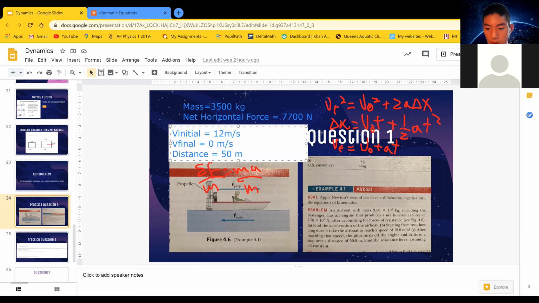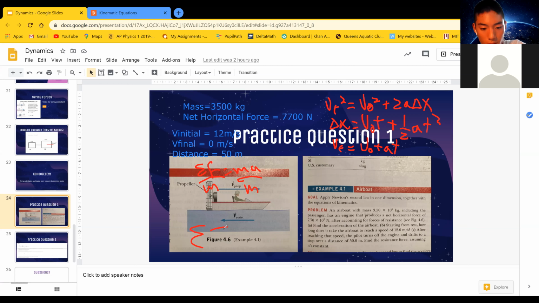Okay, so Angeline, for now, do you understand where you got the negative 1.44 meters per second squared? Yes, okay. So the last thing we do now is use Newton's second law. We know that the net force equals ma, and the only force is the resistance force because the engine stopped.